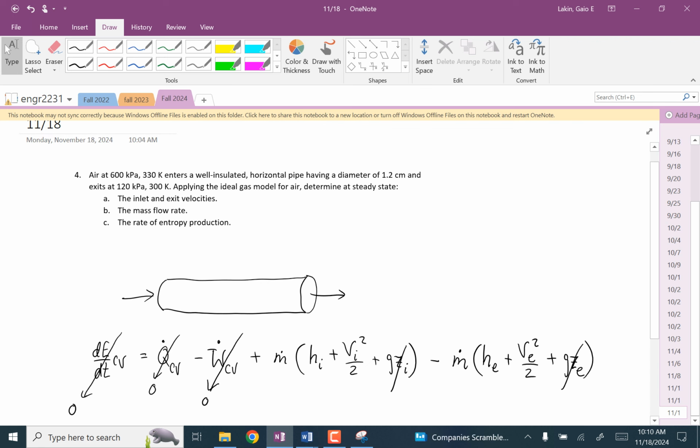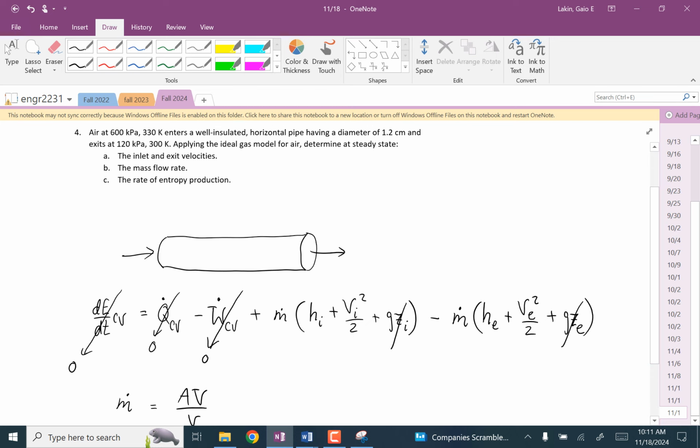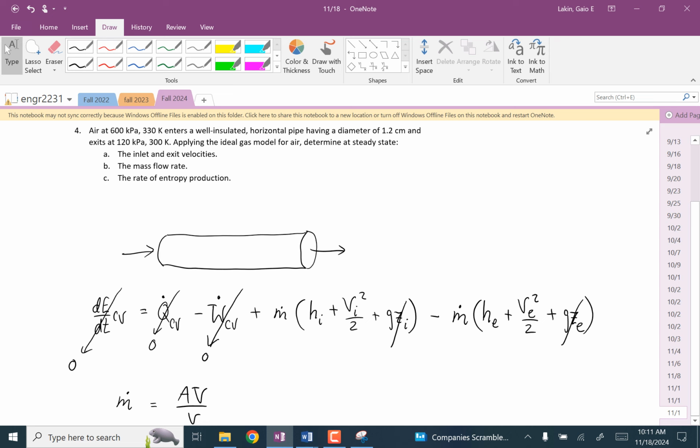We can relate the velocities by using, they're both equal to each other. So then, let me see.